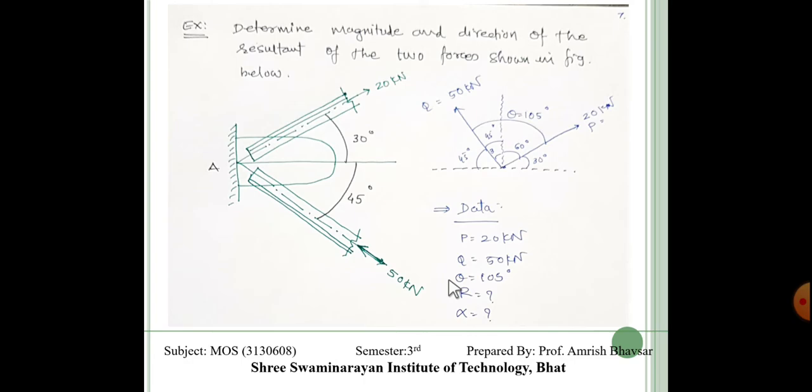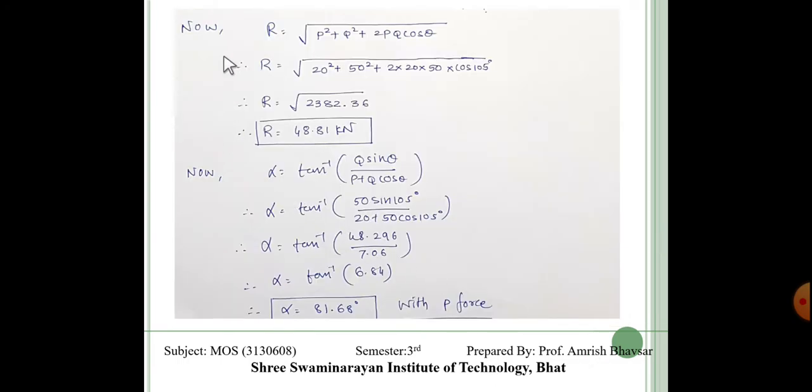So we will calculate with the help of our two equations. But before that we have to understand this figure carefully, then we can apply it in the form of a parallelogram. So we have this data, put that data.